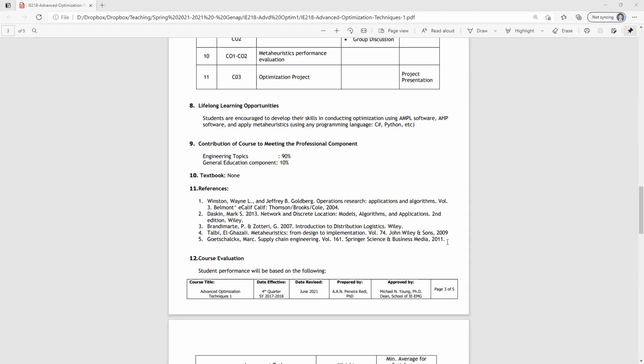But since this is a graduate course, I think this way might give you some perspective that if you want to learn something, you need to explore. It's a good foundation to get all the material covered in one book, but I think that is more suitable for undergraduate courses.